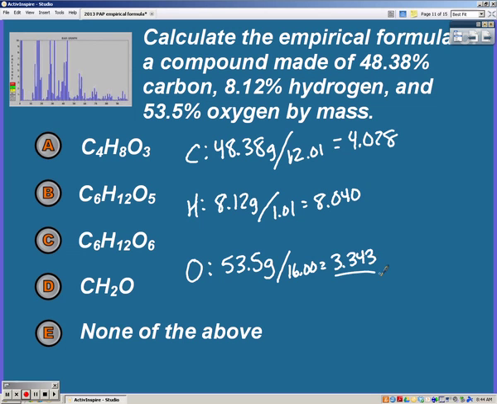Divide by smallest, which in this case is oxygen. And in this case, we had 1.2, 2.4, and 1.